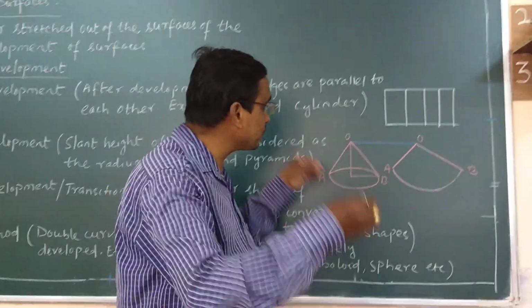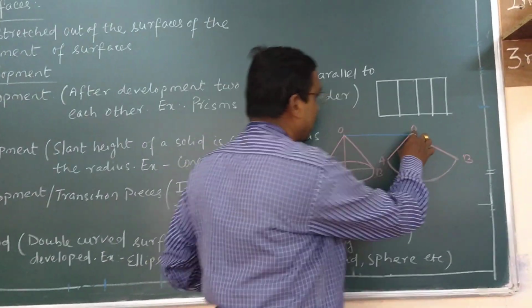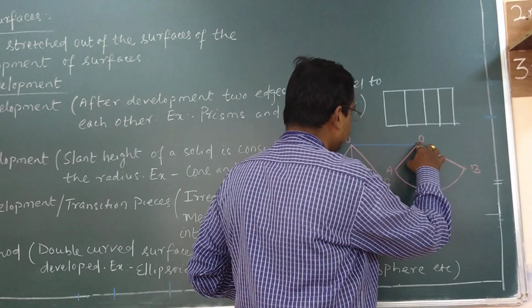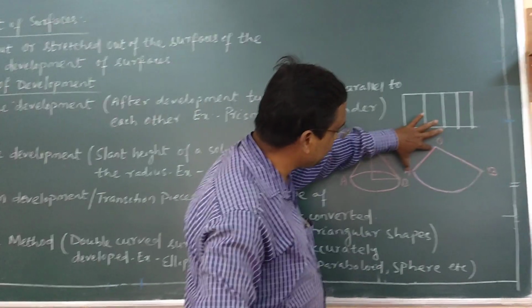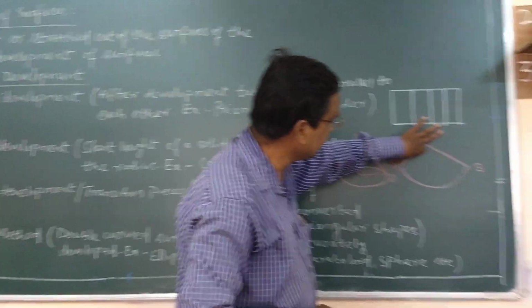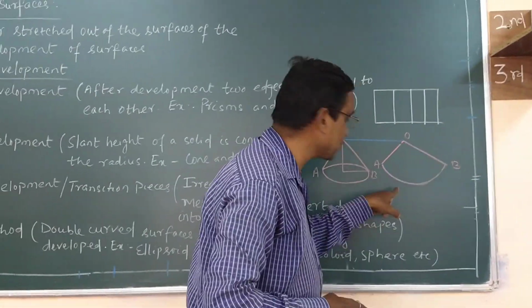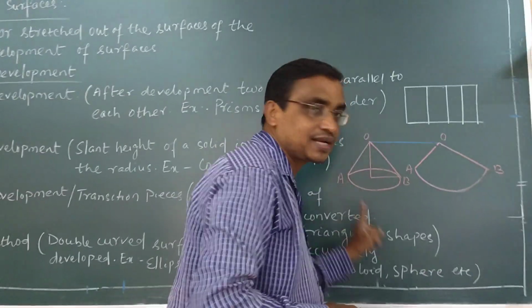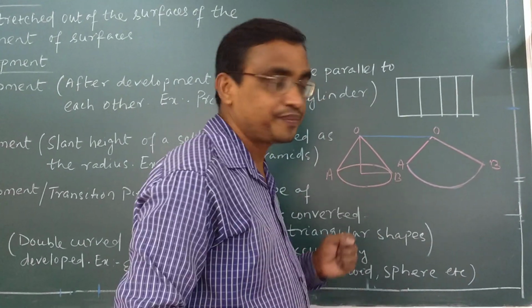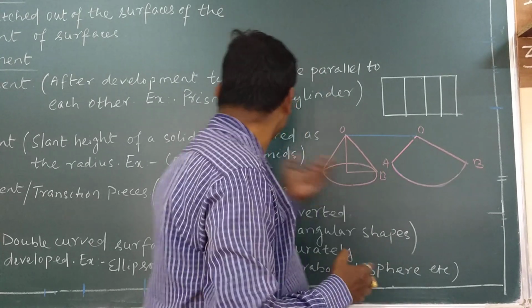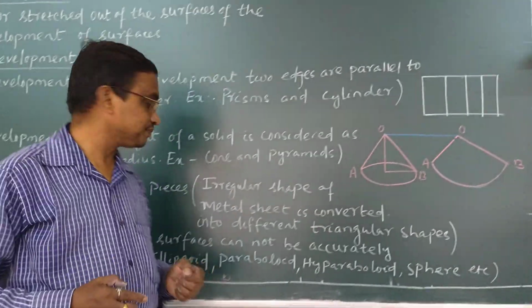When I want to develop the cone, I mark the center point O and OA is the radius. With the help of my bow compass, I draw the arc. And the arc length is no doubt equal to 2 pi r, that is the circumference of the base circle of the cone. That is your radial line development.